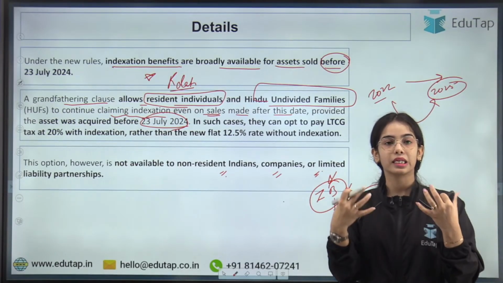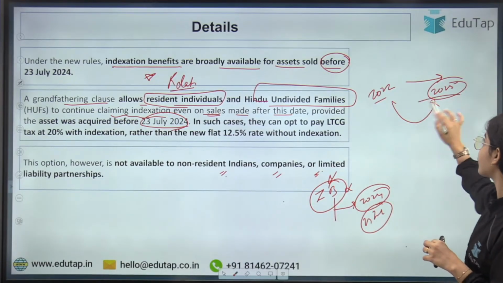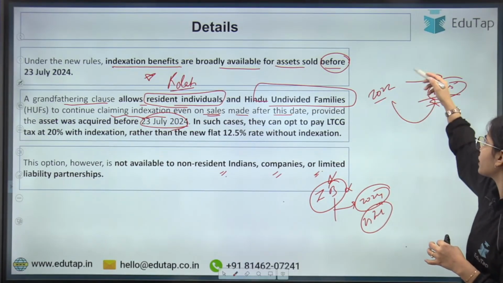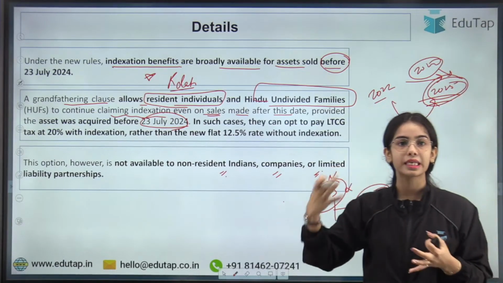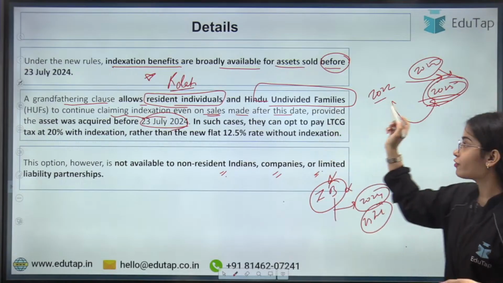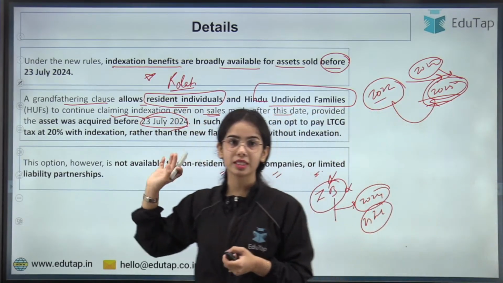But in the case of resident individuals and Hindu undivided families, if we are selling the property in 2025 or 2026, indexation benefit will be provided if the property was purchased before July 2024. Okay, this is the idea.